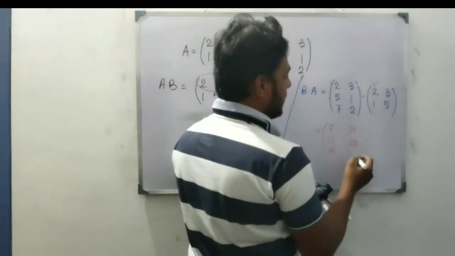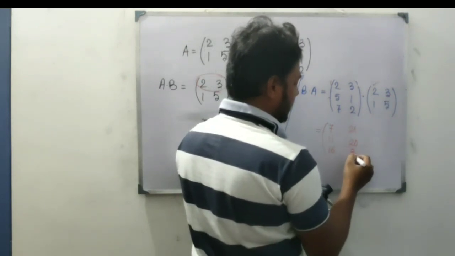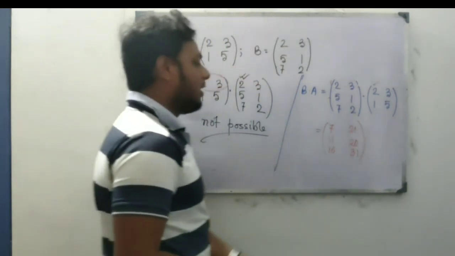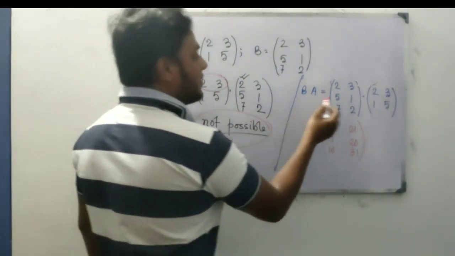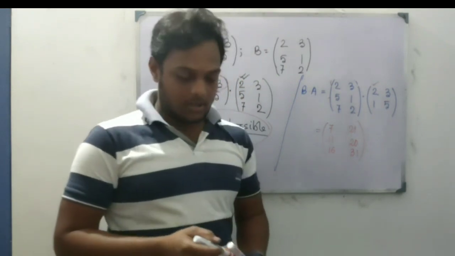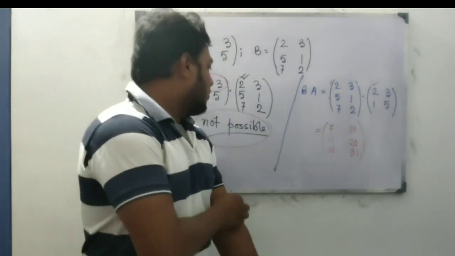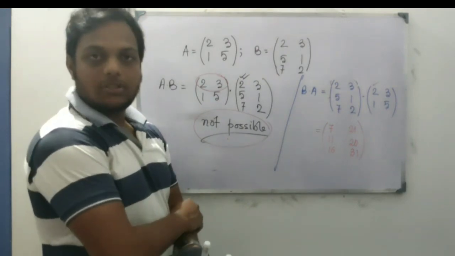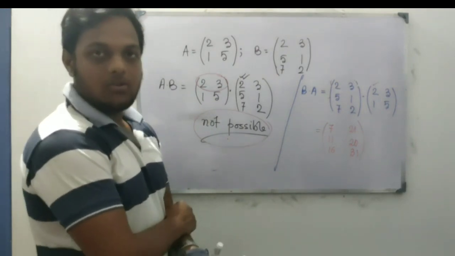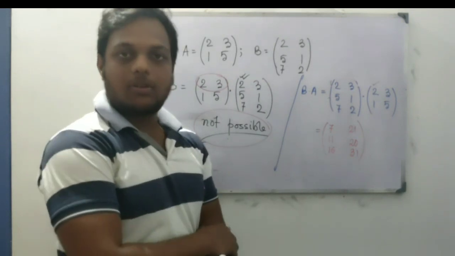And 3 7s are 21 plus 10, that means 31. So this is BA. See, here AB is not possible, but BA is possible. Okay. So what will you write when matrix multiplication is not possible, or how do you check whether matrix multiplication is possible or not?